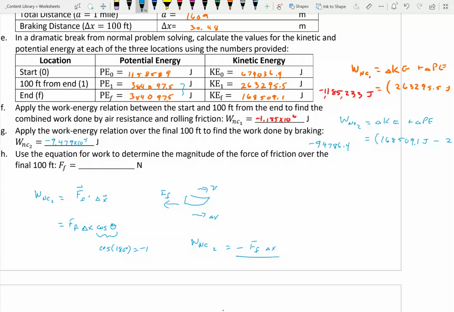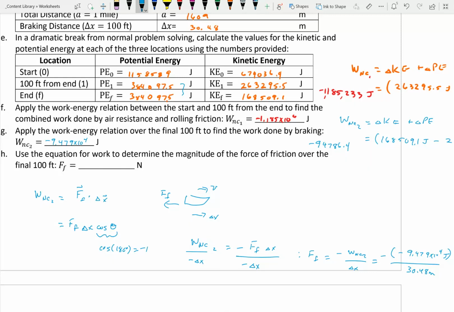Divide both sides by minus delta x. I have force of friction equals minus work non-conservative 2 over delta x, equals minus parentheses minus 9.479 times 10 to the 4th joules over delta x, which is 30.48 meters.